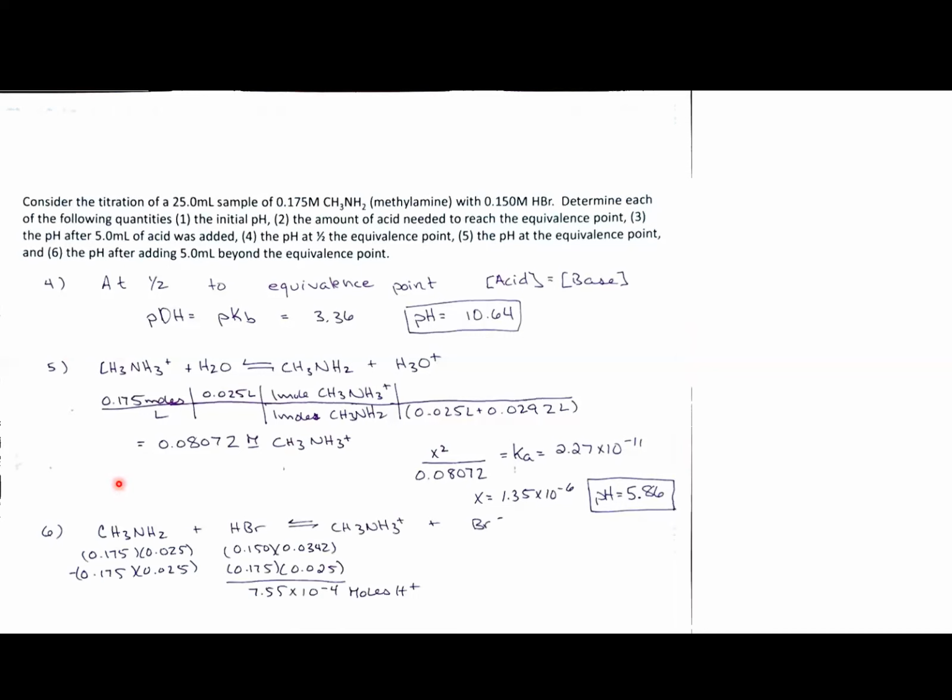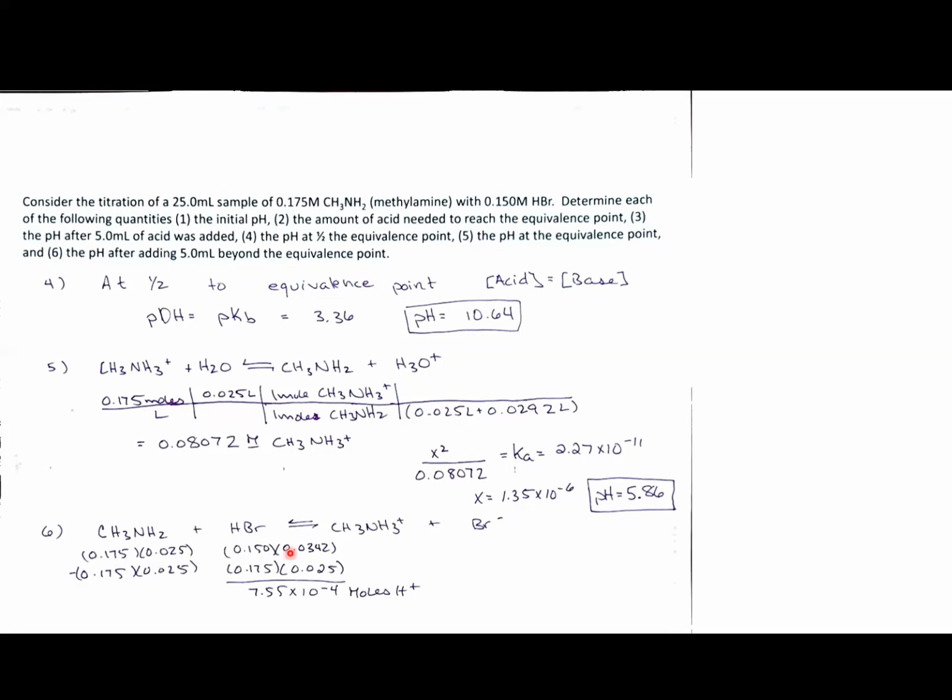Question 6, 5 mL after the equivalence point. So here I've got my base. I keep on adding HBr. I'm making the conjugate acid. And when I've added more of this acid than the base I have, all the base gets consumed. So 0.175 was my original concentration, that 25 mL, that's how much I added.